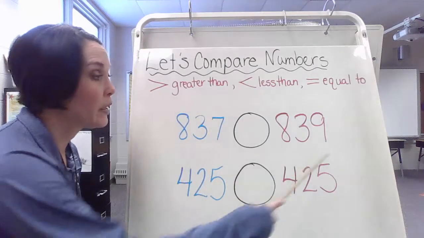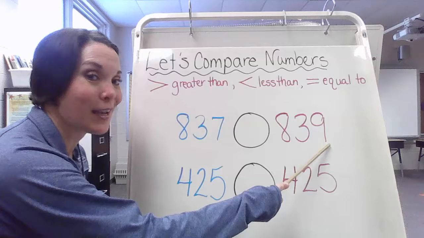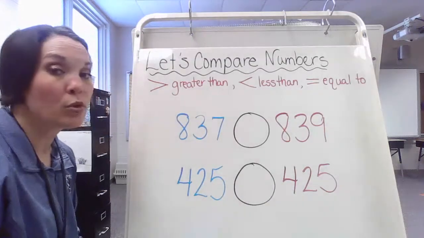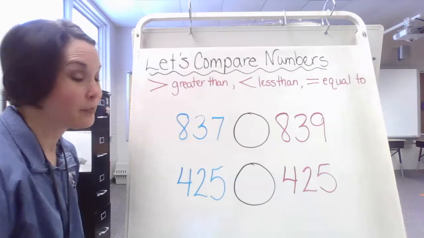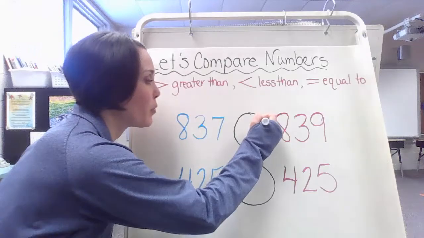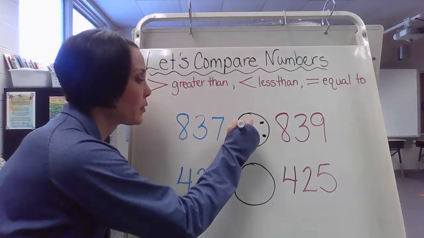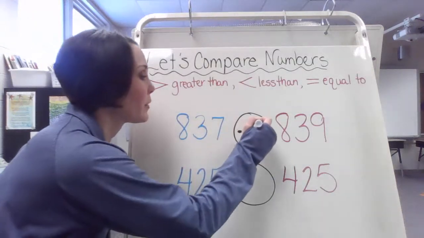Just a 7. 9 ones, what's the value? Just a 9. Who would get the 2 dots? Who's greater? Definitely my 9, so let's give it the 2 dots. 7 is less, so it gets the 1 dot. What are we going to do? Connect those dots.